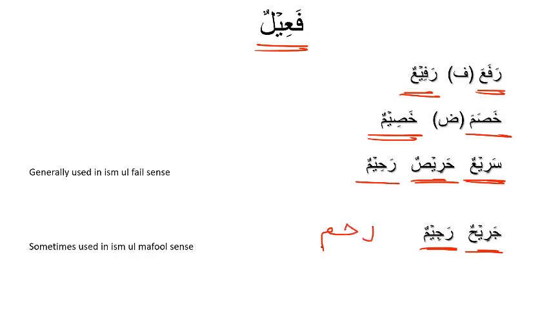When you go for Hajj and you do rajam, that is the name of the action of throwing stones, and rajim means one who is stoned. All right. The point I want to make on this slide is that with this pattern fa'ilun, mostly it is used in an ismul fa'il.